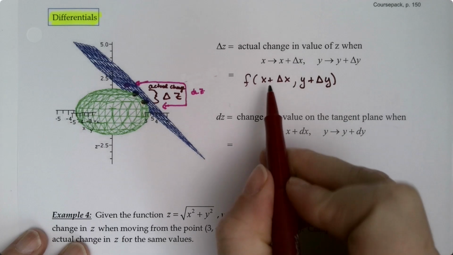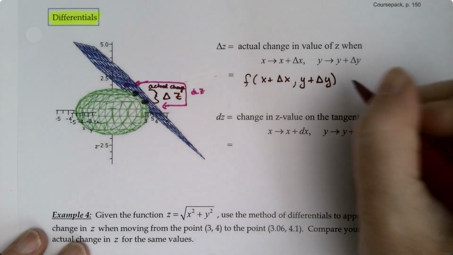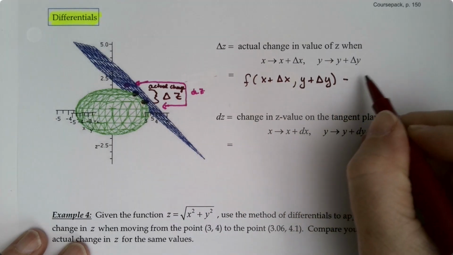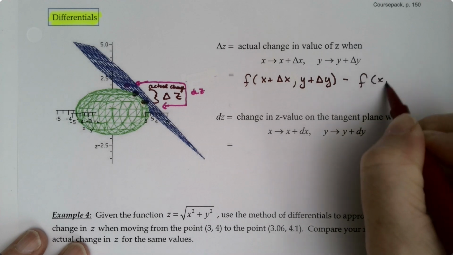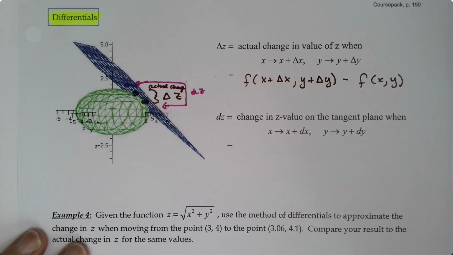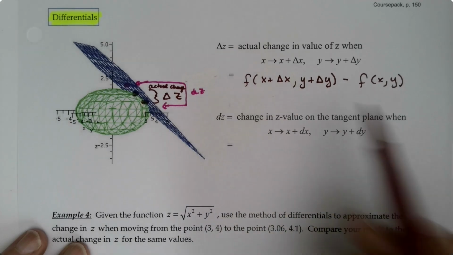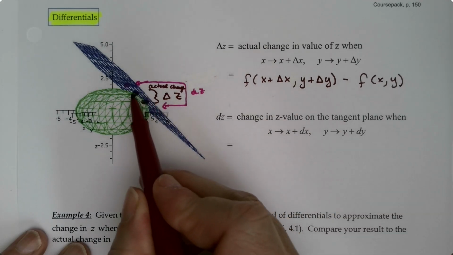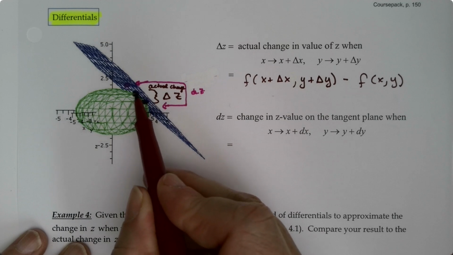Of course, in Calc 1, it would only be x plus delta x. We didn't have the y plus delta y added in, but now we're going to add in this second piece. That's what makes it Calc 3. So this is that actual change, from the point of tangency to that point right there.